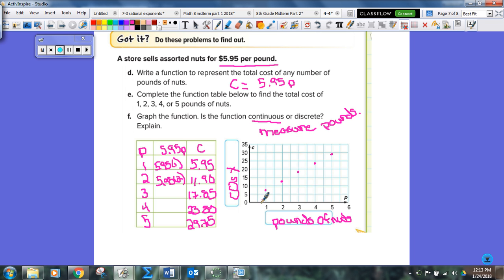And since it's continuous data, I should connect, and it would keep going, because the more pounds I buy, the more it's going to cost, but it does not keep going down here because I can't have less than 0.